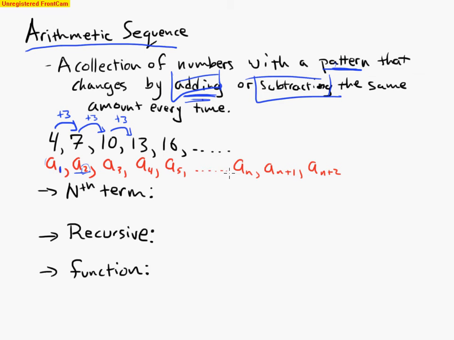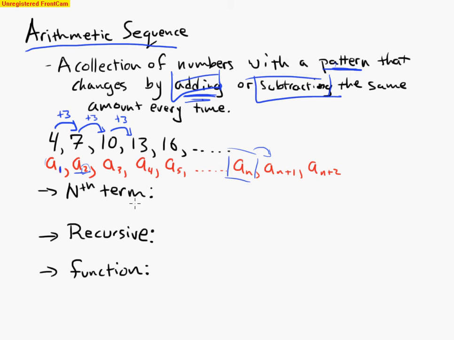After a while, I should be able to name any term at all as an. That n stands for any number. It could be 1, 2, 3, it could be 50, 100, whatever I want. The next guy in line would be n plus 1. Just like this, 3, the next one in line is 3 plus 1, which is 4.